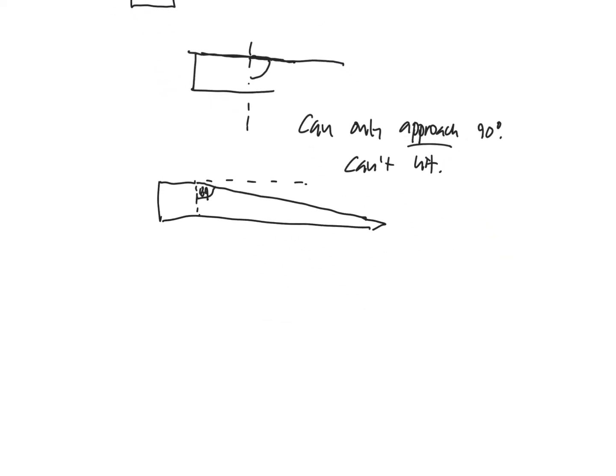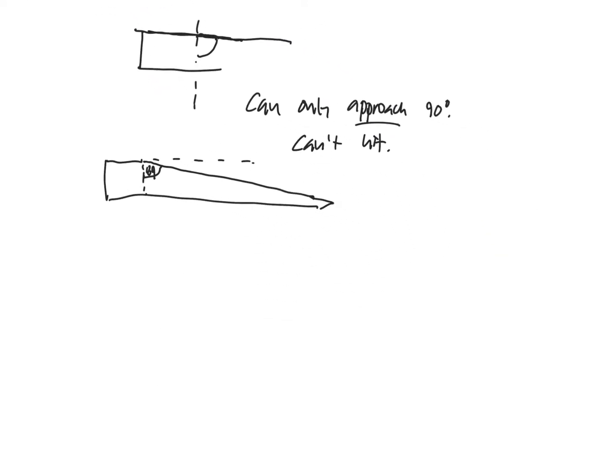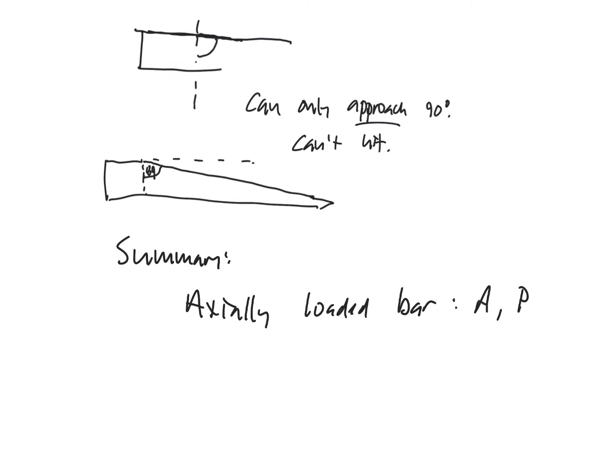So to close out, and we'll do a numerical example on this, we can close this out by summarizing things. Here's what I want you to commit to memory. If we have an axially loaded bar with a cross-sectional area of A, load P, and cut angle theta, where A is the cross-sectional area and P is the applied axial load.